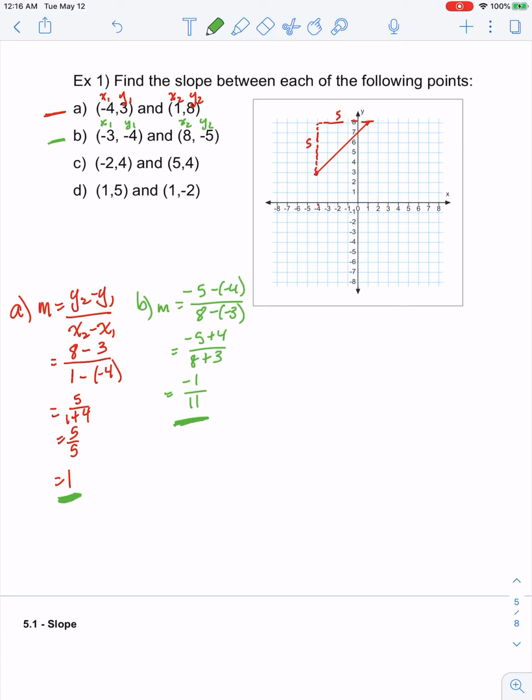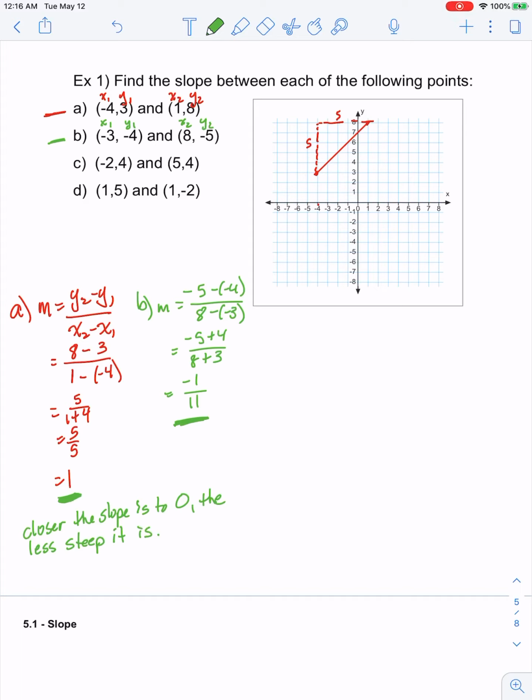The closer the slope is to 0, the less steep it is. Okay, I'm going to write that down. The closer the slope is to 0, either positive or negative, doesn't matter, the less steep it is.